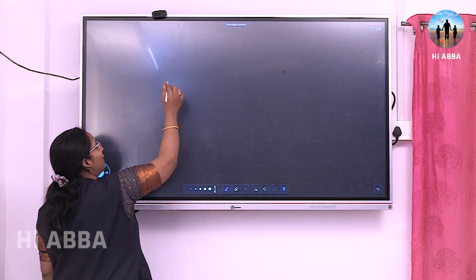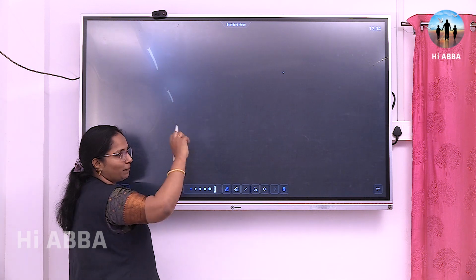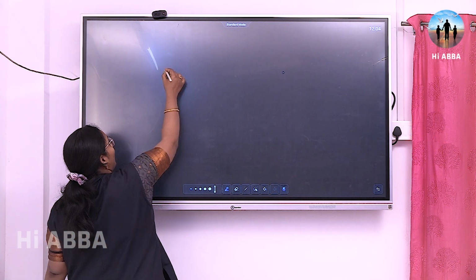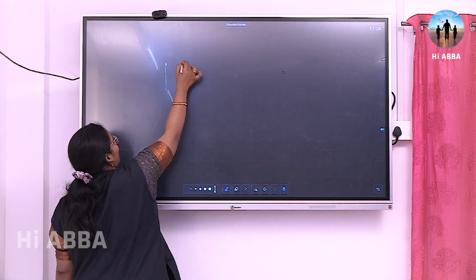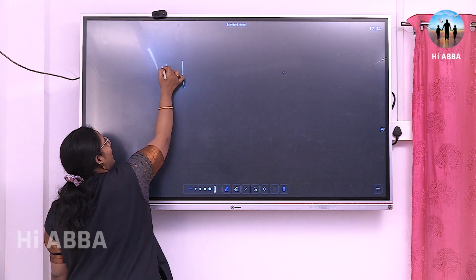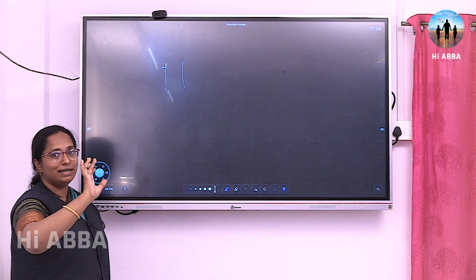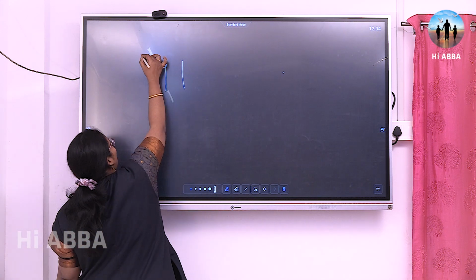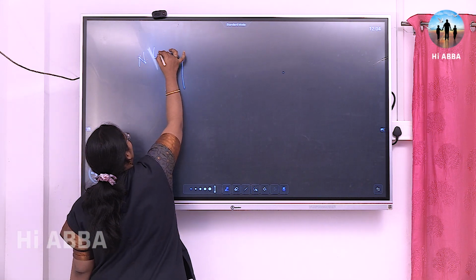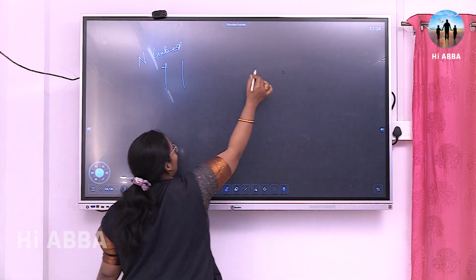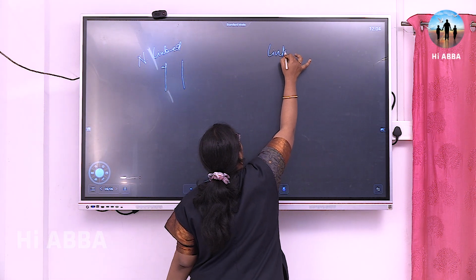We will take a simple example to explain recombination. I will take a set of chromosomes here. I am talking about non-linked genes, not linked genes. So this one is non-linked, and this one I will take as a linked gene.